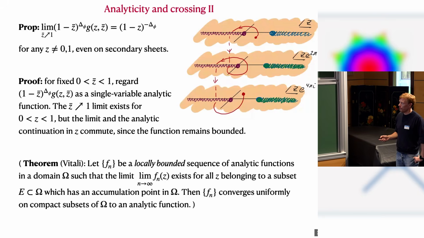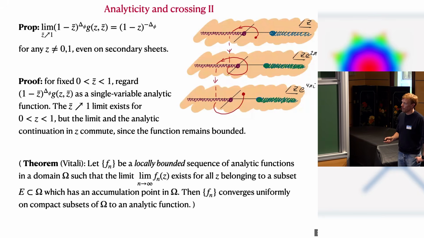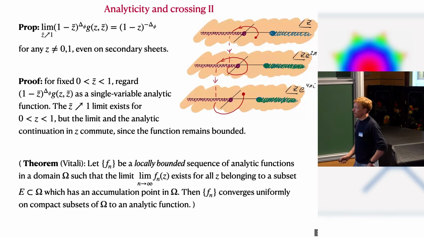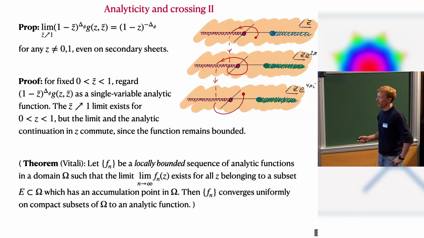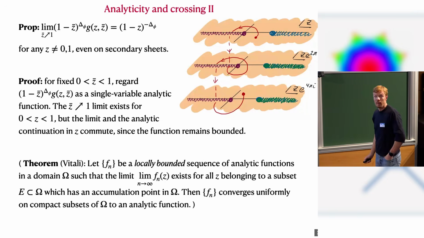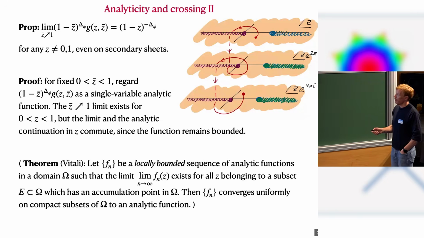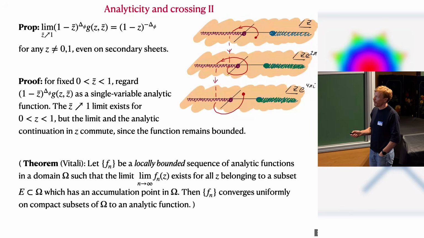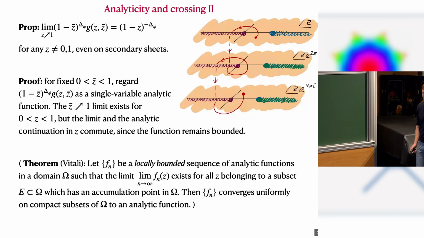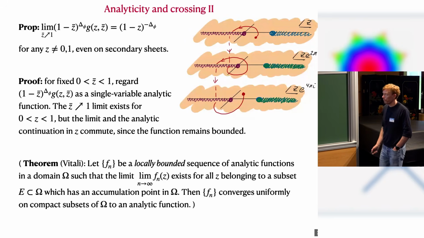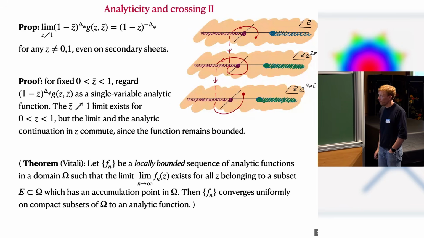You suppose that the limit exists for all z that belong to a subset of the domain of your interest. This subset can be very small, but it must have an accumulation point. So it's not a few points, but it also doesn't need to be a full interval. It can be a discrete set or a countable set, but it must have an accumulation point at the very least.